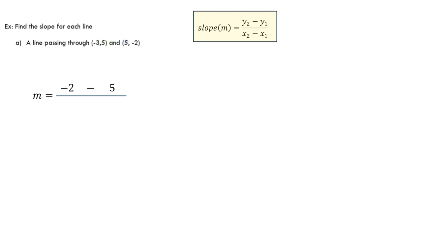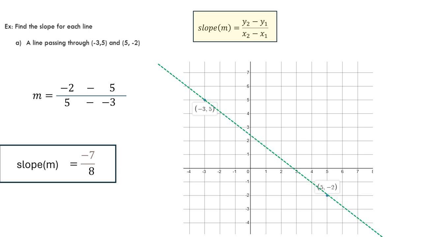We'll put this over 5 subtract -3, which simplifies to a slope of -7/8. Notice how the graph slopes downwards because this is a negative slope.